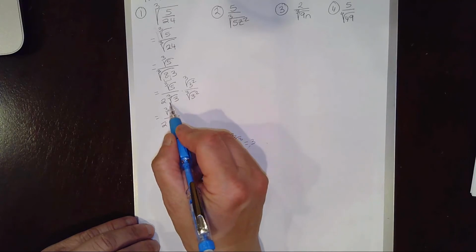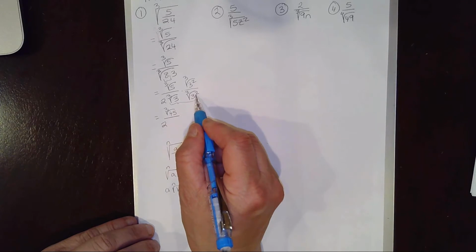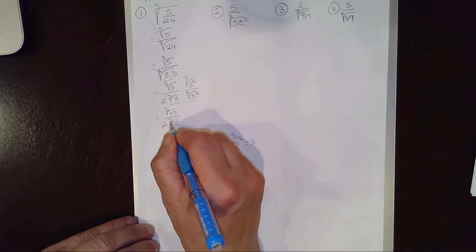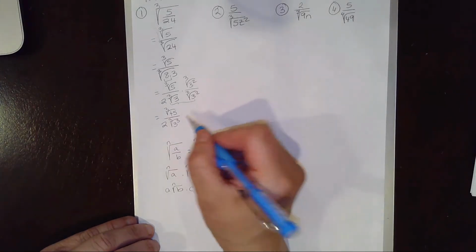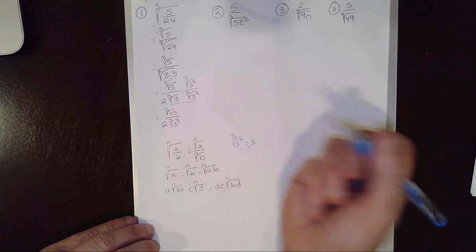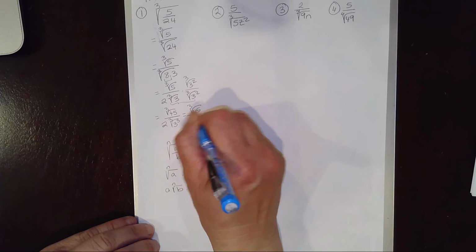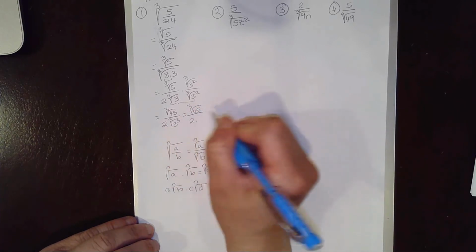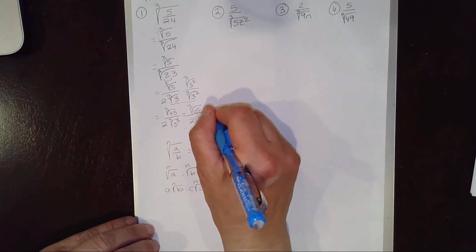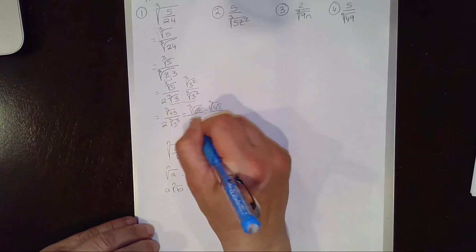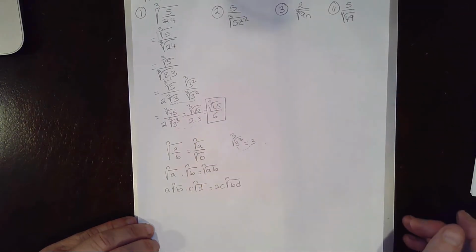We can also multiply these two: cube root of 3 times cube root of 3 squared is cube root of 3 cubed. You may also write this as 27. So 3 cubed is 27, and cube root of 27 is 3. So that's going to give us cube root of 45 divided by 2 times 3, which is 6. So this is our first problem.